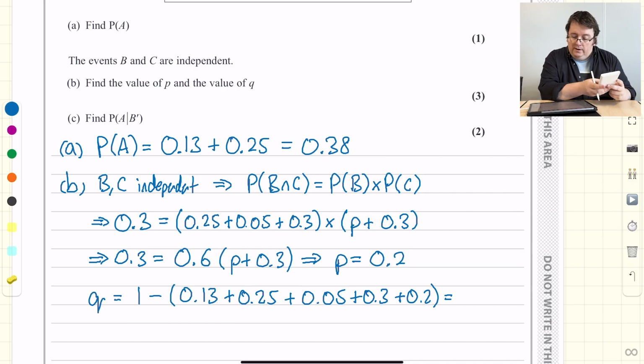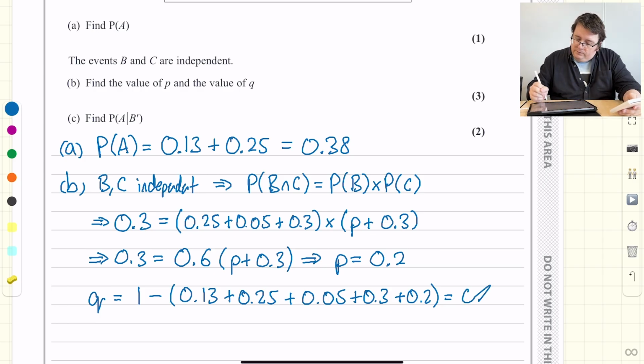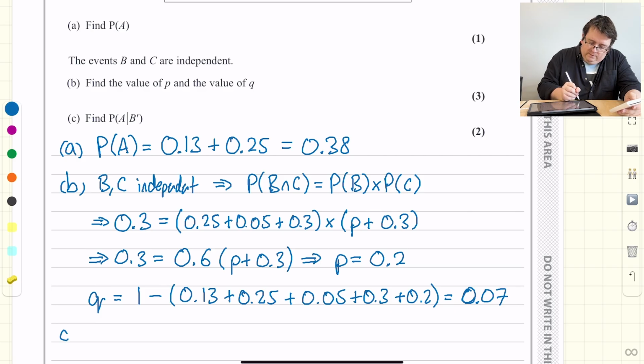So 1 take away 0.13 plus 0.25 plus 0.05 plus 0.3 plus 0.2. And that's 0.07.